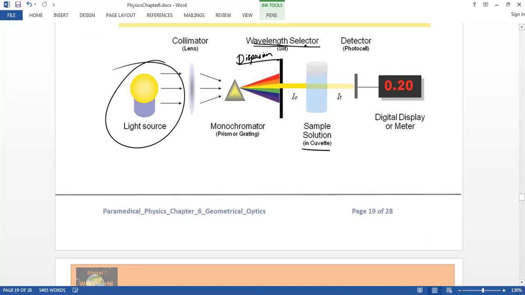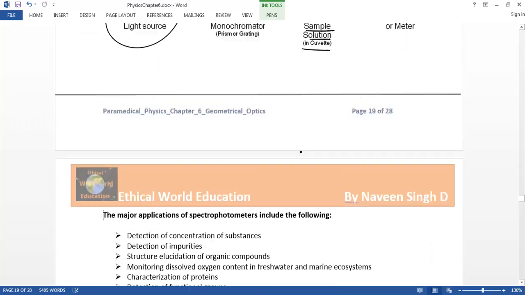Here the wavelength selector allows only the particular light to pass to the next level; as you can see, yellow light is falling on the sample solution. Here the intensity decreases: the initial intensity is more, and the intensity after the sample is less. The difference in intensity can be calculated and it shows the concentration of the solution. This is the working principle of the spectrophotometer.